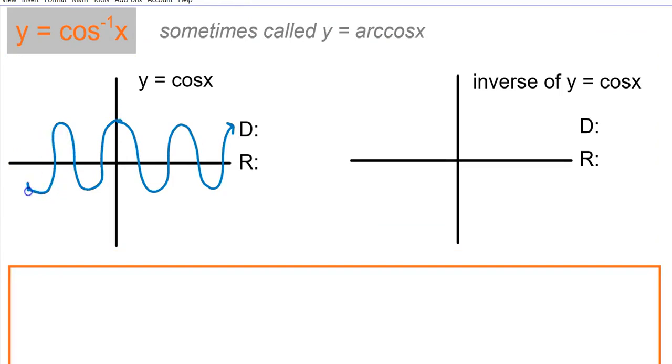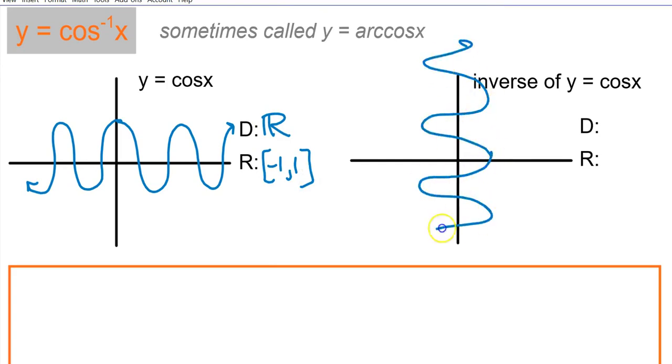Infinitely many of these things. The domain is all real numbers, and the range is negative 1 to 1. If we were to reflect that across the line y equals x, we'd get this thing, which is not a function, would fail the vertical line test. So we don't want that.